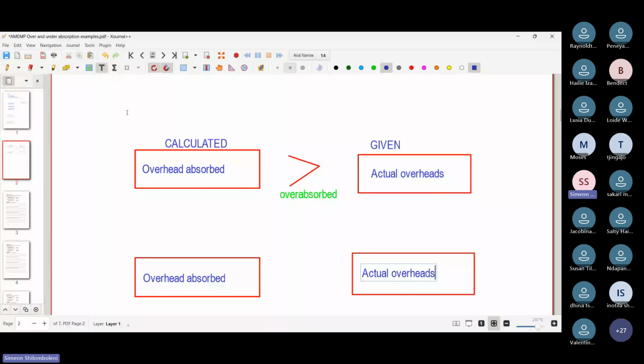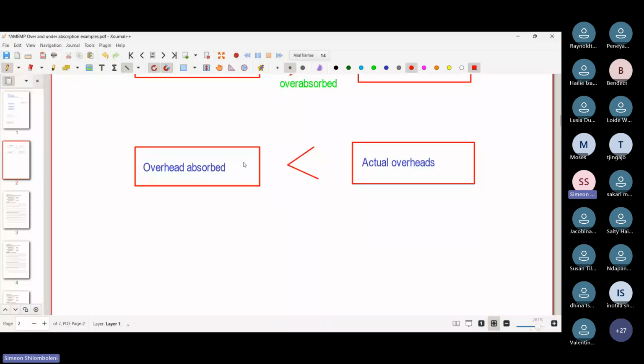And then the situation that you have is your actual is bigger than your absorbed. So this one, if the other one is over absorbed, this one is going to be under absorbed. Yeah, under absorbed.